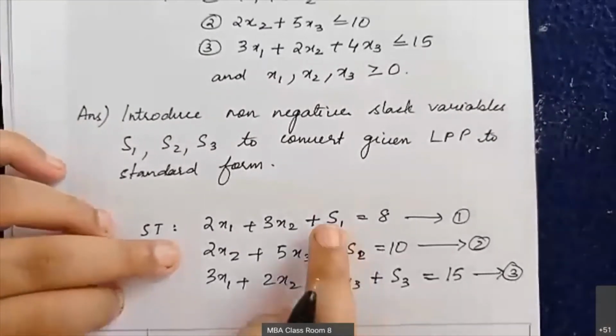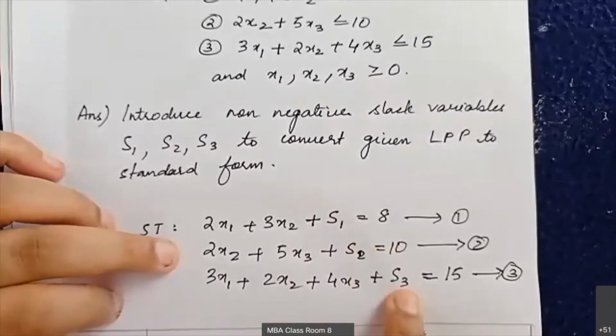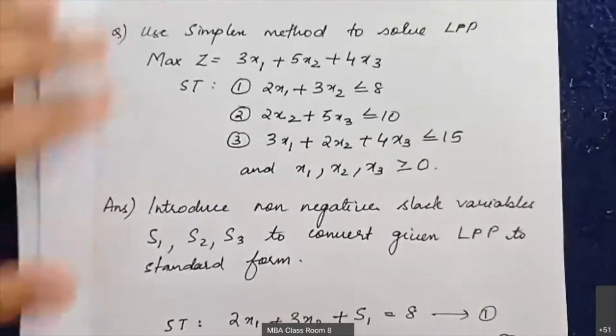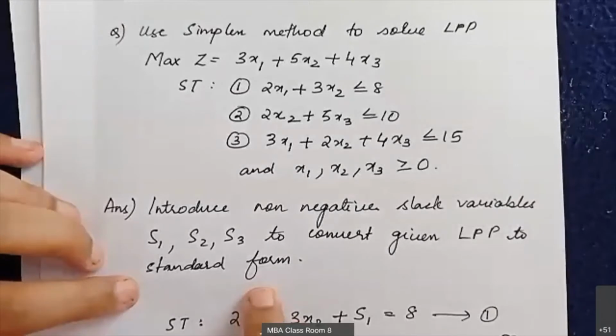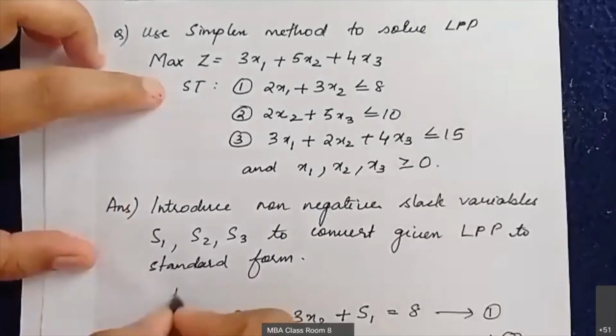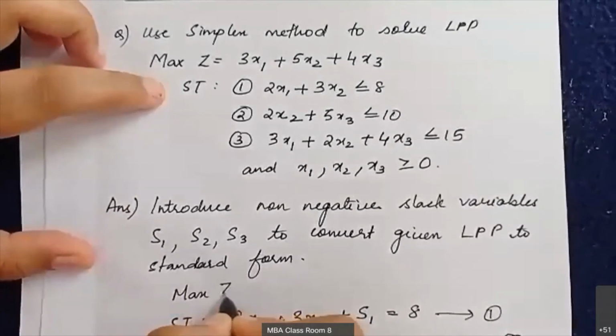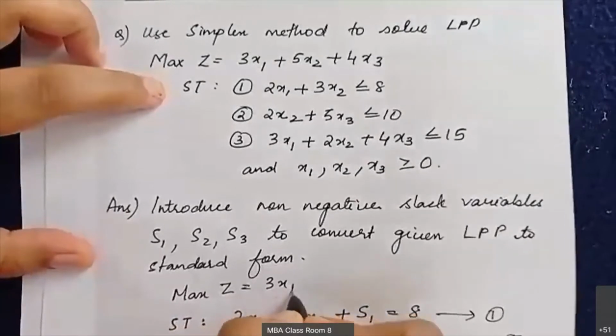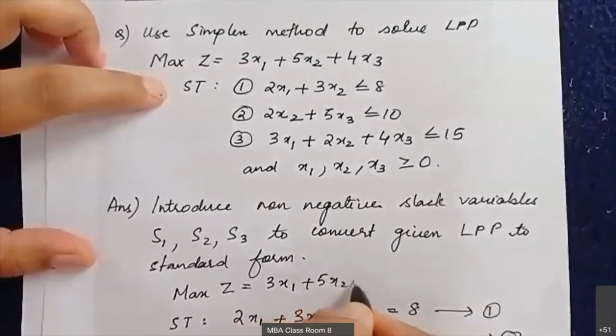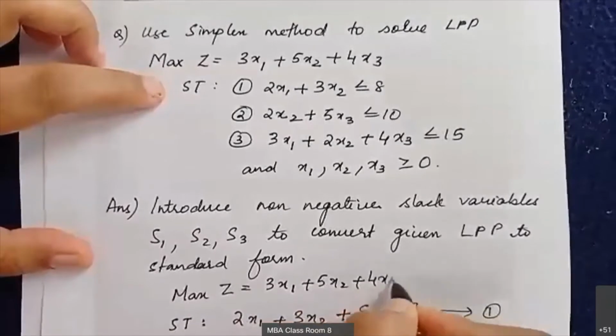We have introduced 3 slack variables, right? So we have to introduce these slack variables to the objective function also. So what is our objective function? Maximize z is equal to 3x1 plus 5x2 plus 4x3.